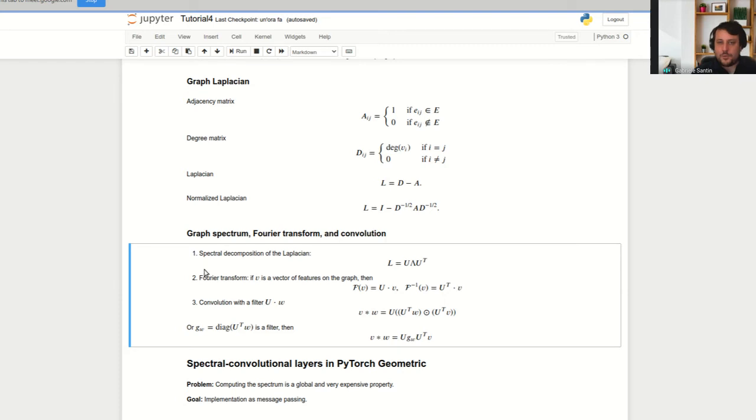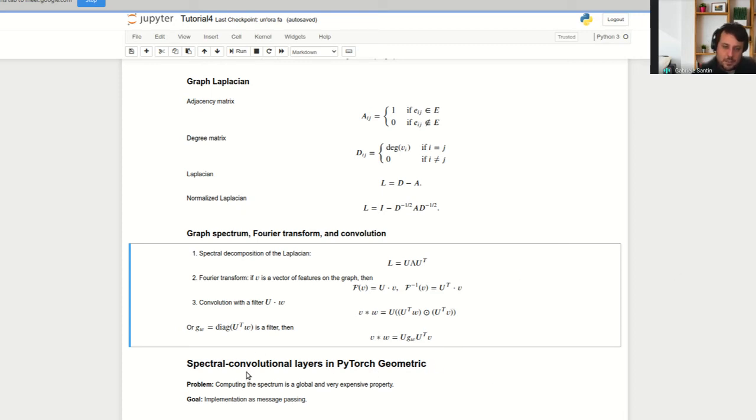So there is nothing new here, everything is just as in the vectorial case. This means that now we have a nice theoretical notion of computing convolution on a graph. And now the idea is to use this to build some layers that have some nice local capacity, as happened for images.